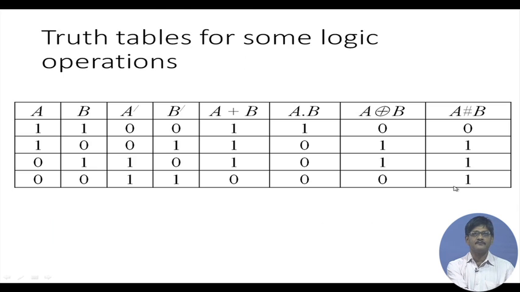Generally, when we are having these binary valued variables, for example, A and B, as discussed before, they can take up two values. We are referring to those two values as 1 and 0. They might be 5 volts and 0 volts, they might be high level, low level, whatever.